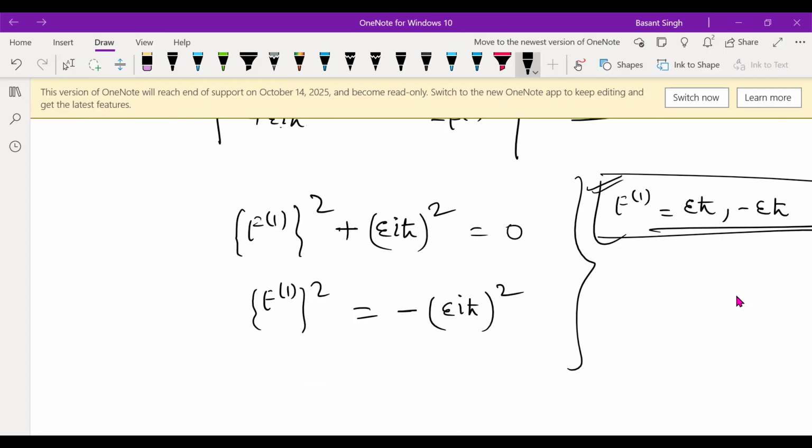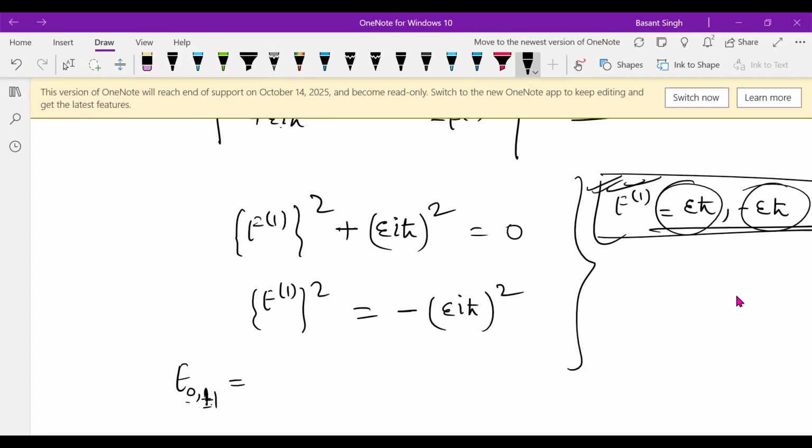This is equal to epsilon h-bar and minus epsilon h-bar. So our expression for energy after this correction becomes E0 plus minus 1, all this plus minus 1.